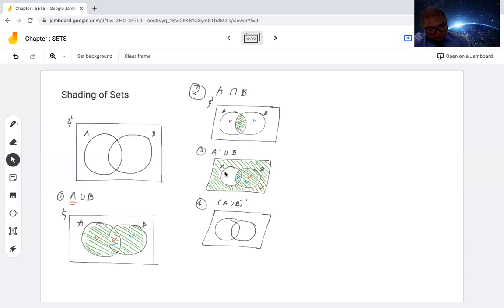First, you're going to see the union of A and B. So if I'm going to illustrate the union of A and B, it will be this, this, and this, right? The union.